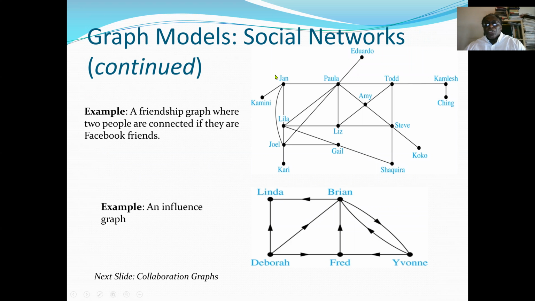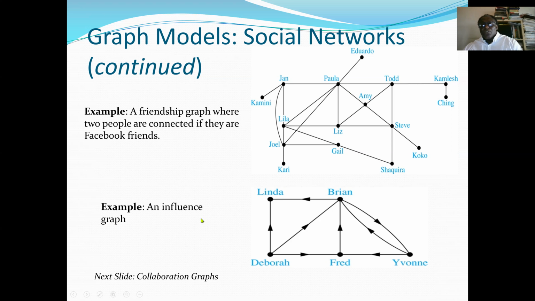In this example of a social network, you can see Facebook friends in one group, which can be seen in a graph. So we have Paula, Amy, Todd, Steve, Gally. You can see how they are connected as one graph.